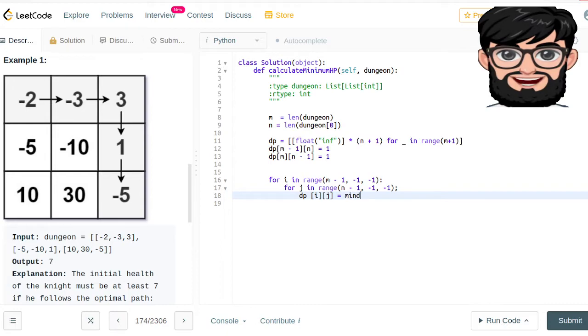So minimum of dp of i plus 1, j on the bottom, and dp of i, j plus 1 on the right. We're going to take the minimum of that, and then subtract the current dungeon's value of i, j.